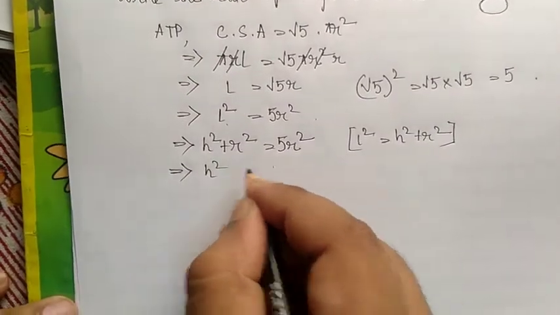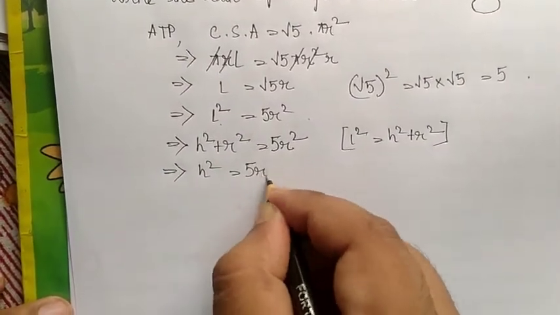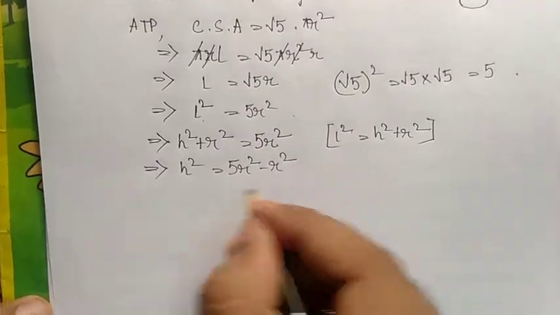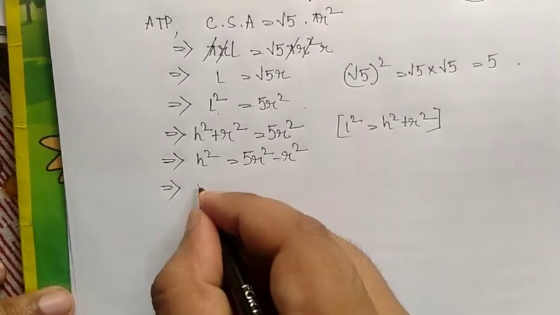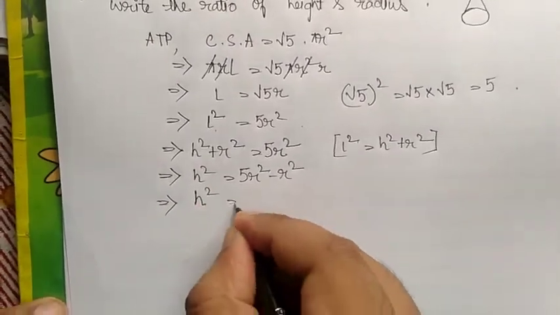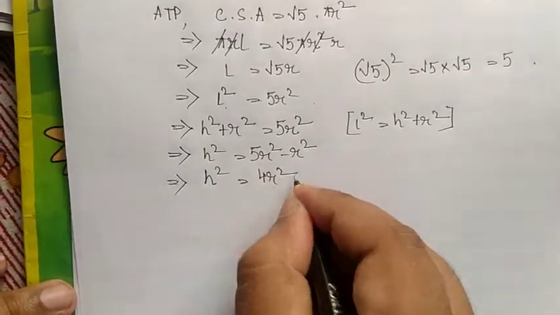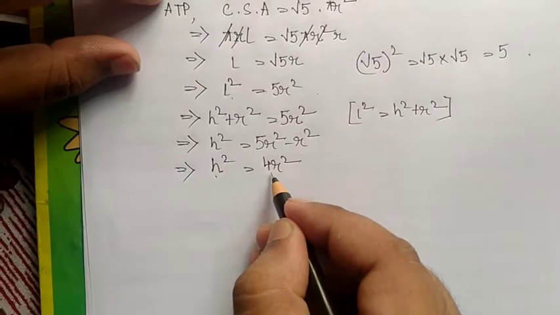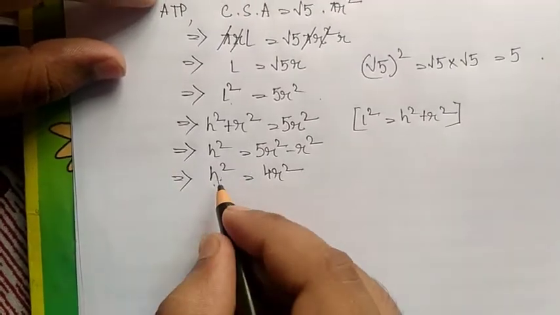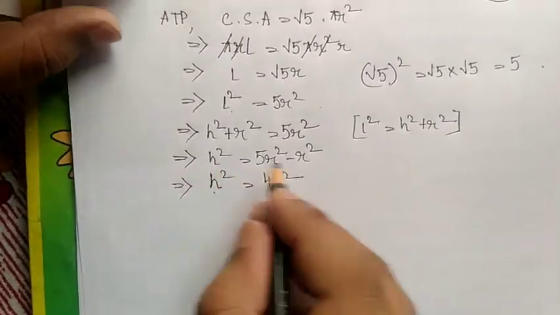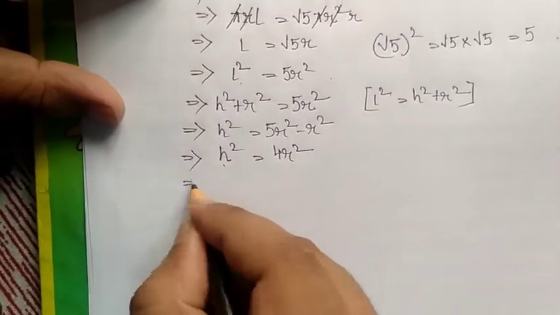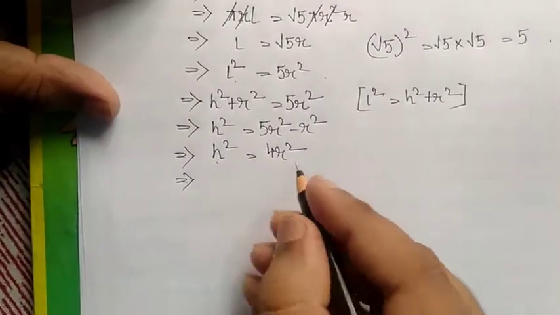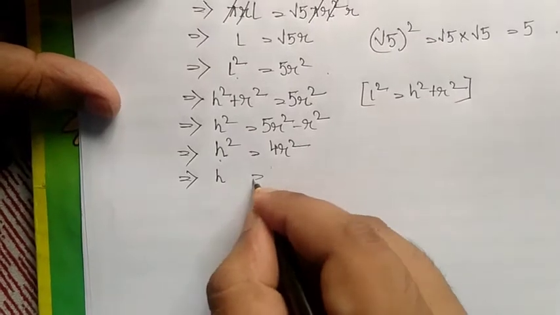So therefore h square equal to 5 r square minus r square. So h square equal to 4 r square. First of all, we can square root both these terms, and we get h equal to 2r.